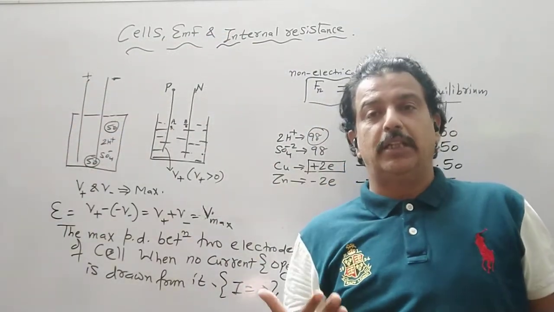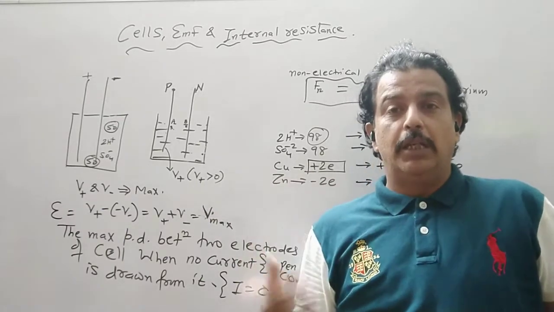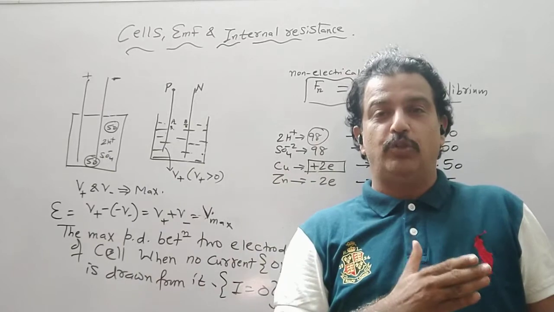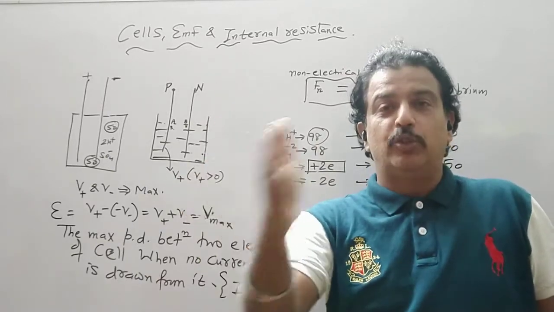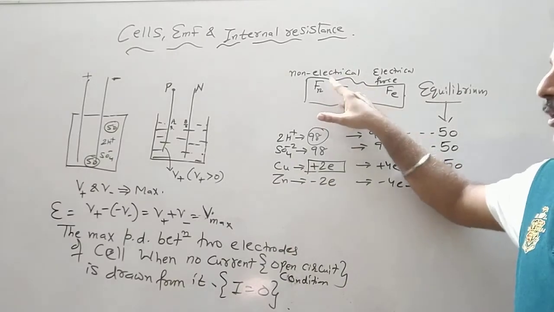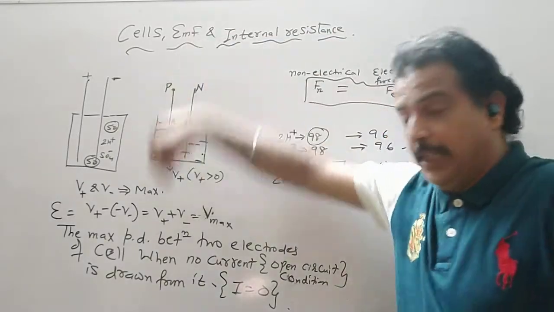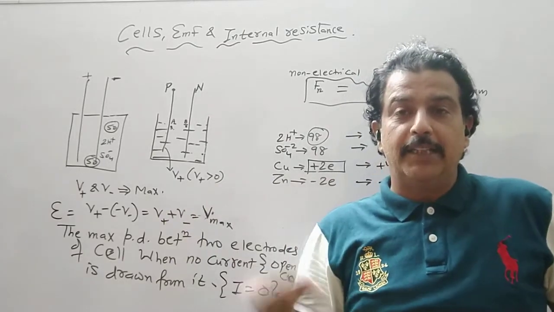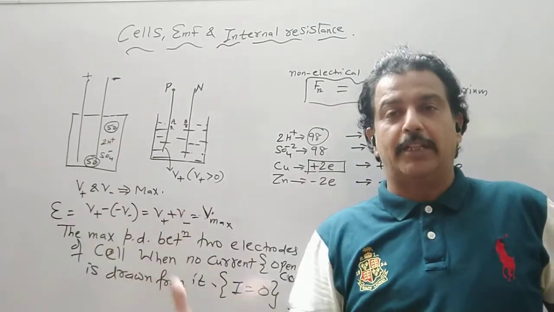Now, how is this potential difference created? If you remember, potential difference is the work done to move a unit positive charge from one point to another point. So here the chemical force does the work. When we immersed it, who is responsible for the motion of the ion? It is a chemical force, or a non-electrical force.